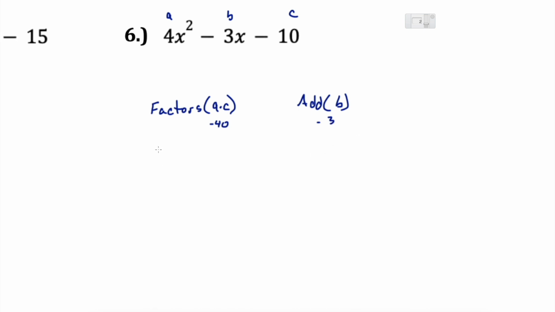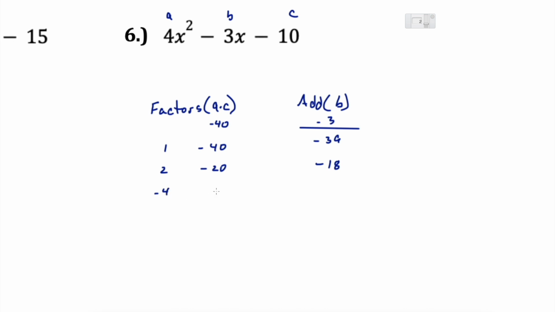Okay, so 1 and negative 40, that's not even close, obviously, right? So 2 and negative 20 gives me negative 18. I'm getting closer, but still it's pretty far.